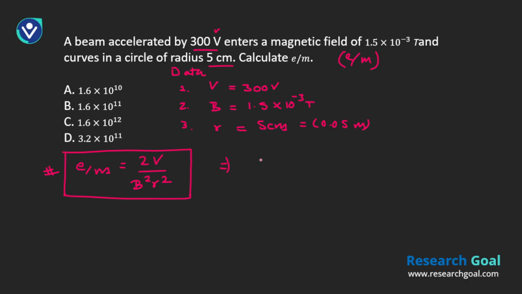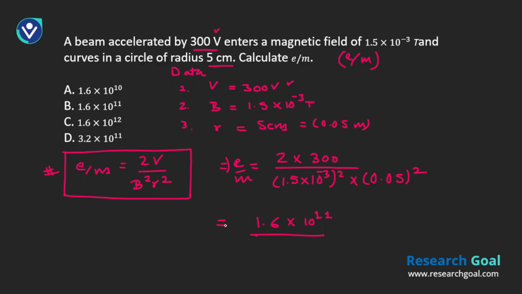We are calculating e/m, so e/m = (2 × 300) because that is the voltage, divided by the magnetic field, 1.5 × 10^-3, squared, multiplied by 0.05 squared. Now, I want you to please solve this by yourselves, and the answer is going to be approximately 1.6 × 10^11, if your calculations are correct.